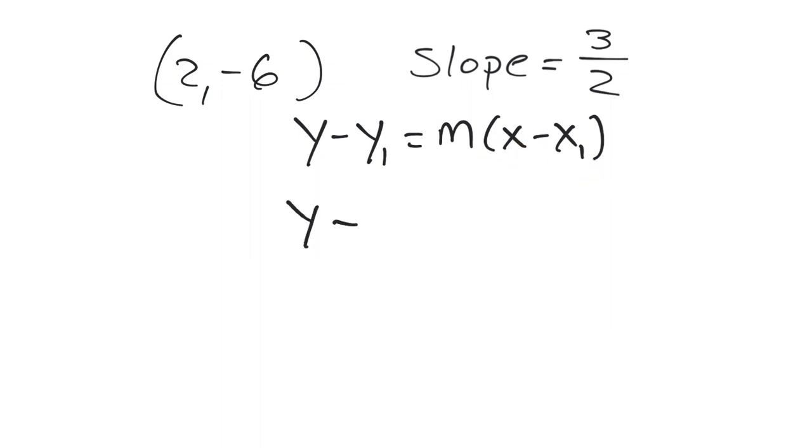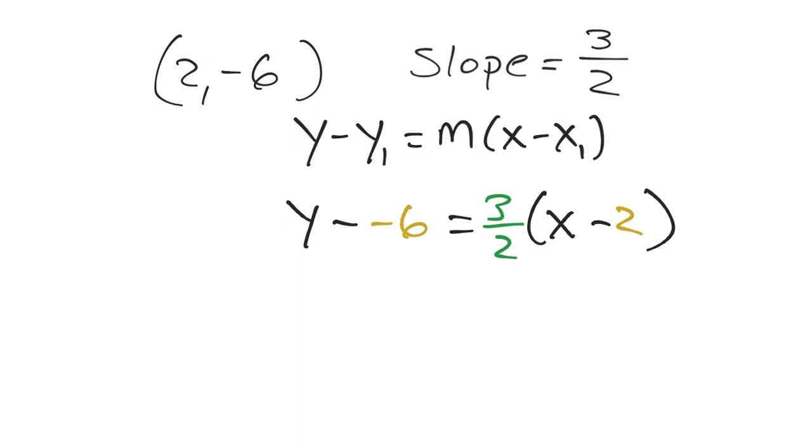y minus our y value, which is -6, equals your slope, which is 3/2, times x minus your x value here, which is 2.